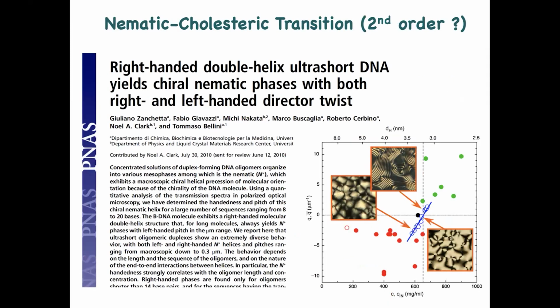For example, this is a work which I love. It's from a group in Milano, Tommaso Bellini. This is DNA, and you see green and red means left or right-handed DNA. It's a simple one phase, but the concentration of DNA changed. And so you see, you can go from right-handed to left-handed, and then when you cross the zero on the way back, it means the periodicity is infinite.